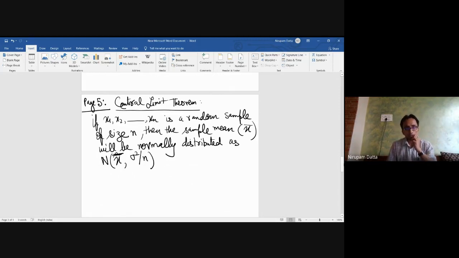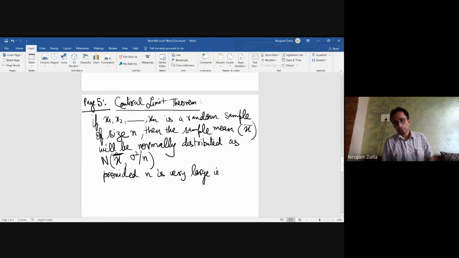It is not necessary that this random sample has to be drawn from a normal population. Even when it is not drawn from a normal population, still the sample mean will be normally distributed as N(x bar, sigma square by n), provided n is very large, that is n tends to infinity.